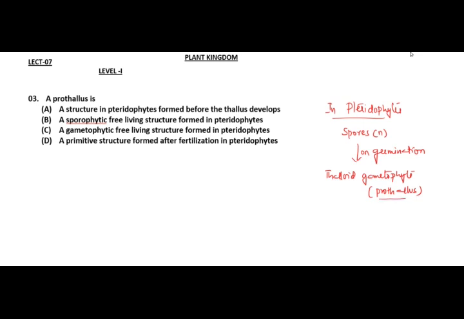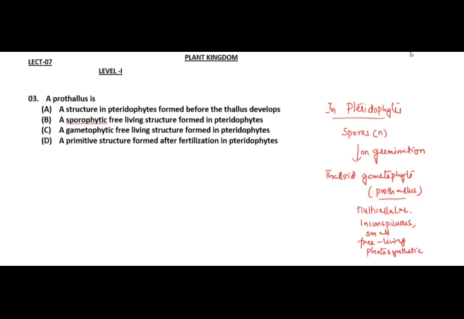So this prothallus is multicellular, inconspicuous, small, and free living and photosynthetic. So it is independent and photosynthetic. It means it performs photosynthesis.